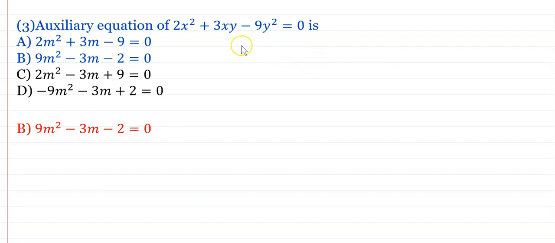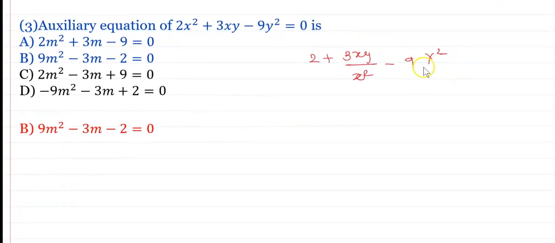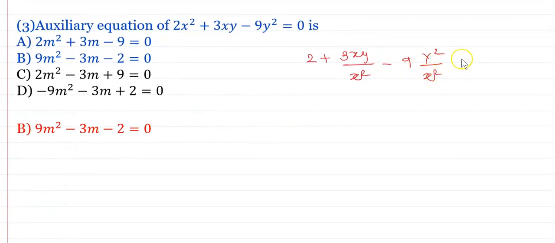If we divide this whole equation by x square, 2x square upon x square, you will get here 2 plus 3xy upon x square minus 9y square upon x square, and that's equal to 0. This is a joint equation of a pair of straight lines. It passes through the origin.